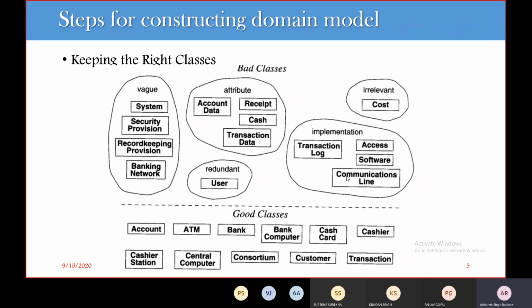When we eliminate these constructs from our analysis model, these are usually the extraneous or external entities of our system. They might be needed while developing the system, but they will be required in the later implementation phase. So what we like to do is remove all those things.